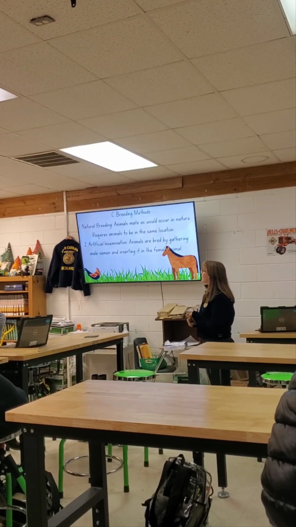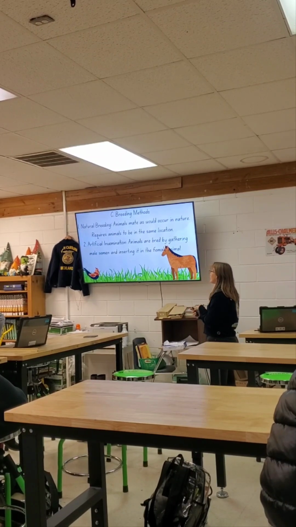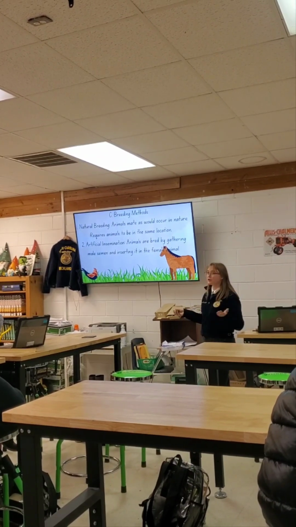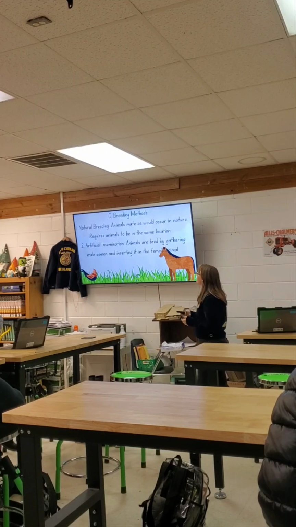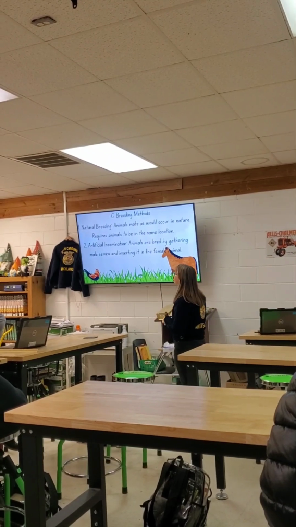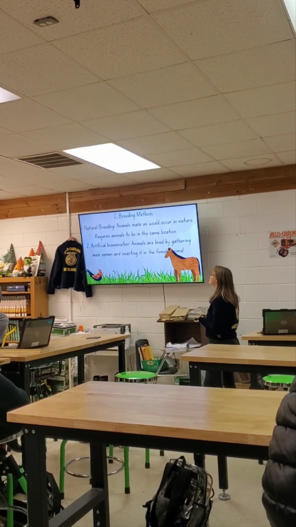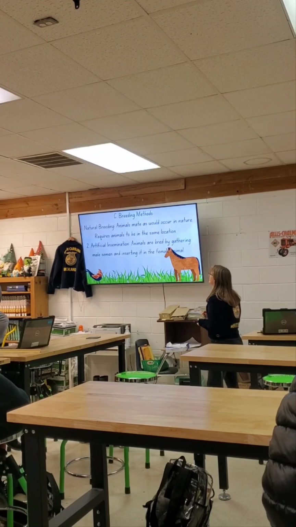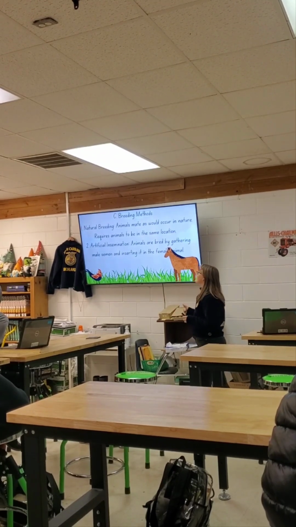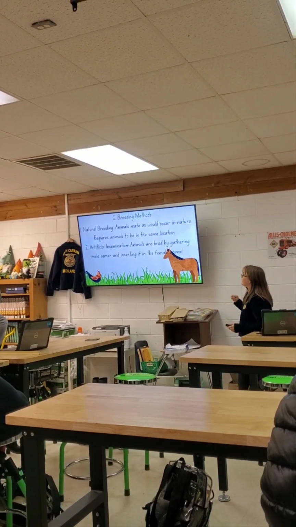Some breeding methods are natural breeding. Animals mate as it would occur in nature. It requires the animals to be in the same location. And then there's artificial insemination. It's when the animals are bred by gathering male semen and inserting it into the female animal.